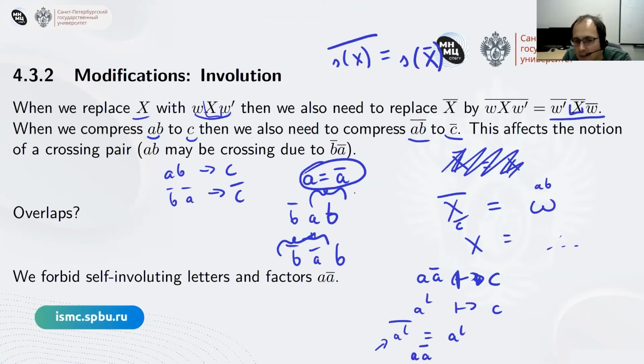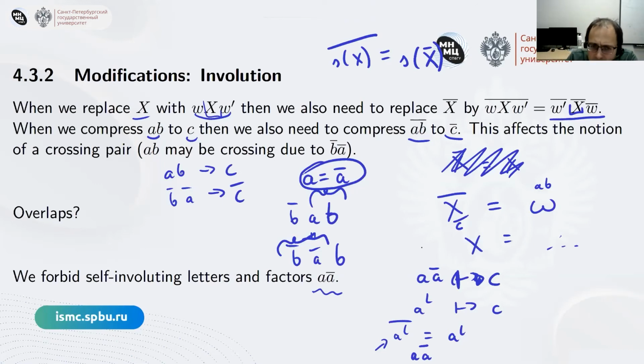So if there is no factor A A bar, then we are again fine, because no such compression could occur. There would be no way to introduce the self-involuting letter.